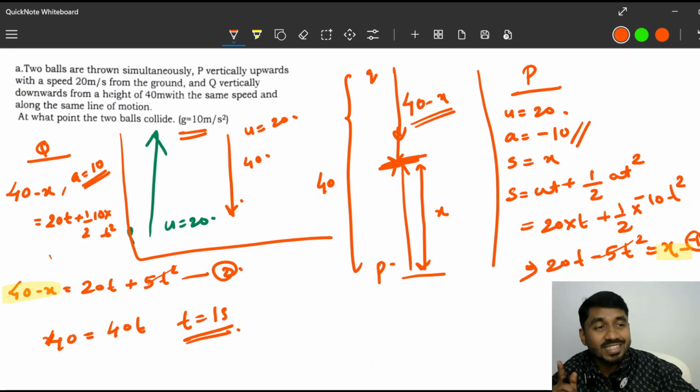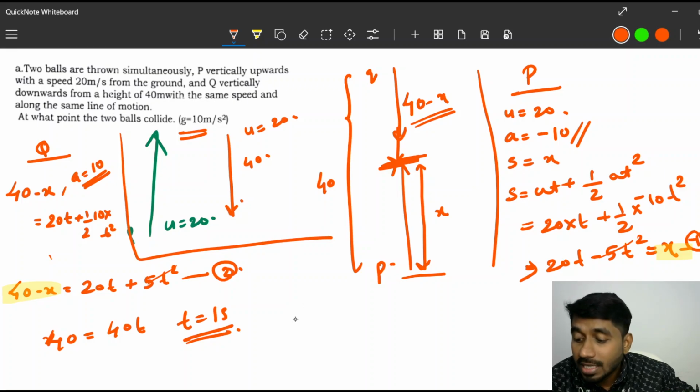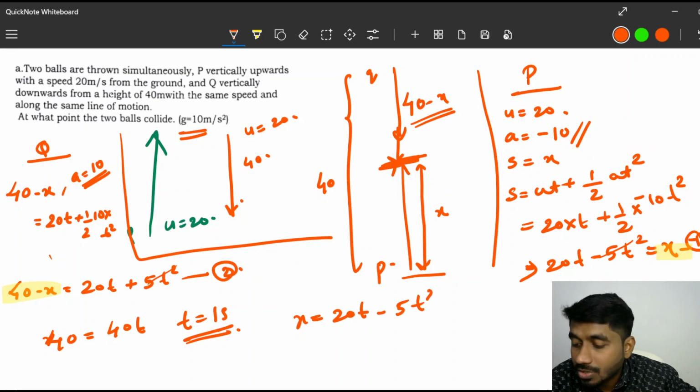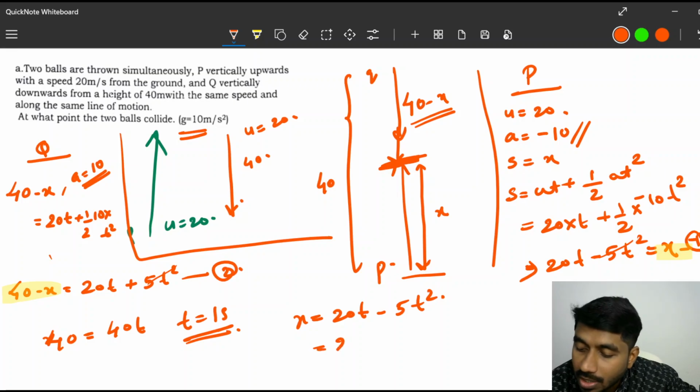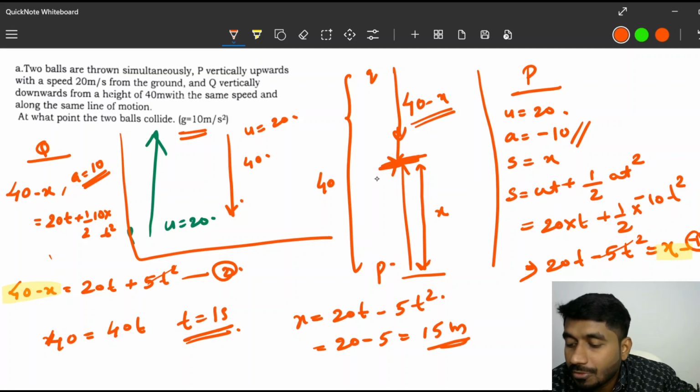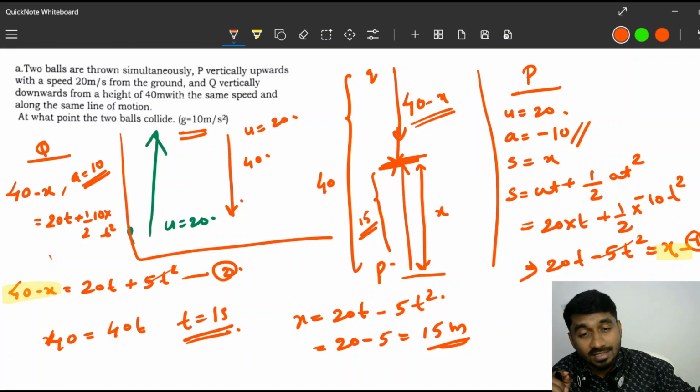Clear? Good question. Now that we have t, we can find the position. Take equation number 1, x equals 20t minus 5t square. Substitute t equal to 1, and you get 20 minus 5, which is 15 meters. So at 15 meters from the ground, the two balls will collide.